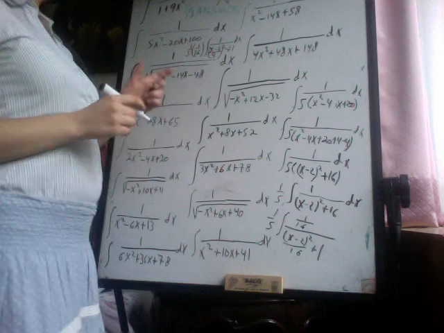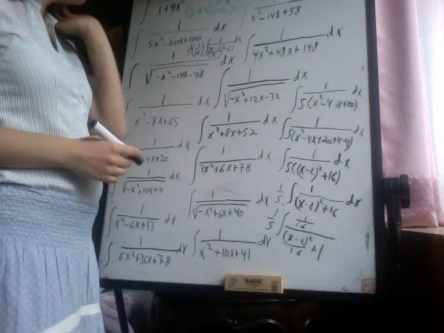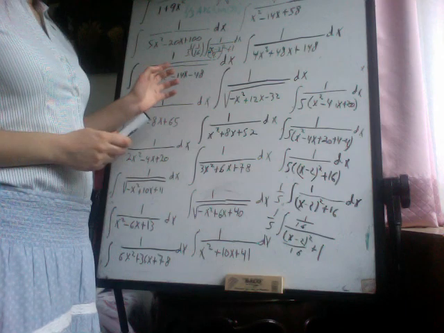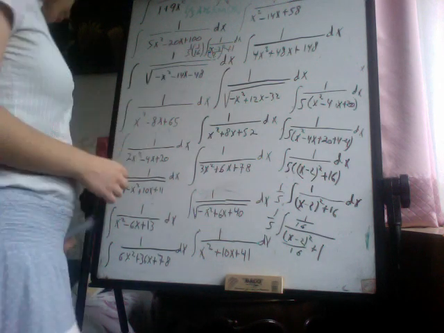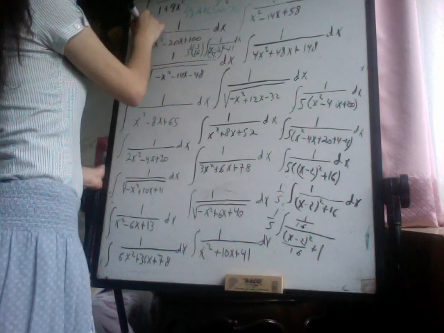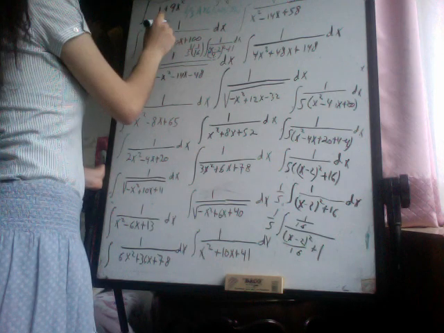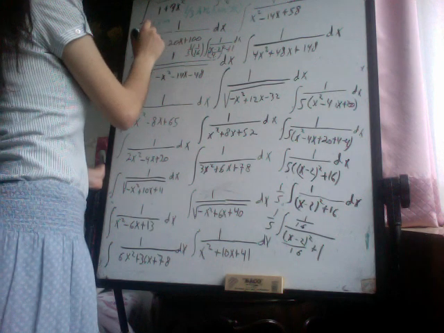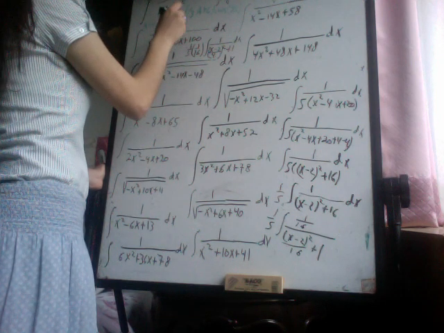Now this has the appearance of some arctangent of something. Now the arctangent will be of x minus 2 over 4. So it would be arctangent of x minus 2 over 4.